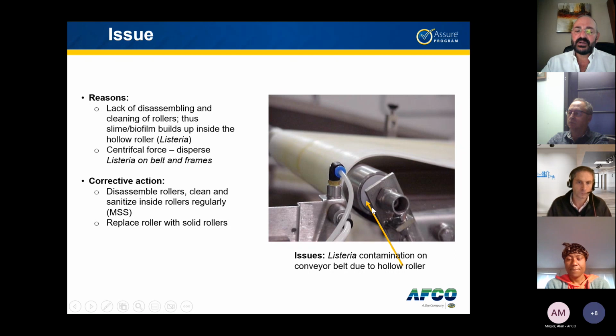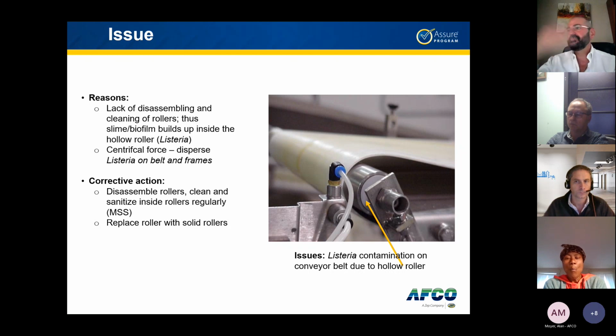If you look at where the arrow is, the gray cover of the roller is different than the roller itself. So there is a crack between them, which means water, food and bacteria can get inside the rollers. And when you clean the equipment and you are not cleaning inside the rollers themselves, this food and water stays in there and forms biofilm.